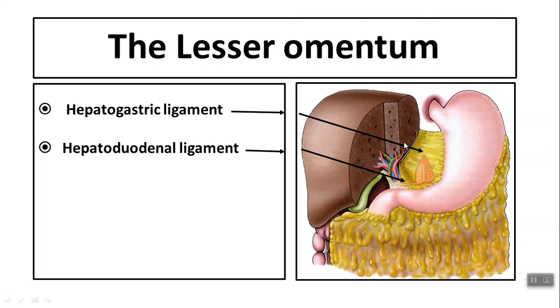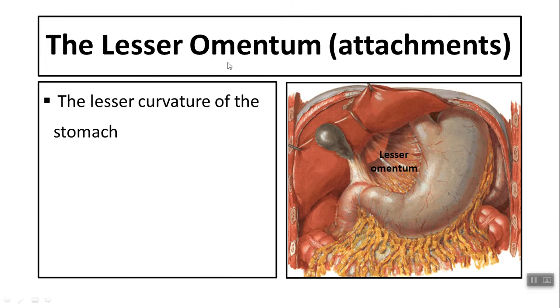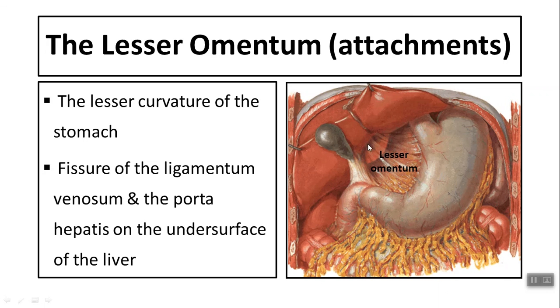The part that passes in between the liver and the stomach is called the hepatogastric ligament, and the part that extends in between the liver and the first part of the duodenum is called the hepatoduodenal ligament. The lesser omentum is attached from the lesser curvature of the stomach to the fissure for ligamentum venosum and the porta hepatis on the undersurface of the liver.